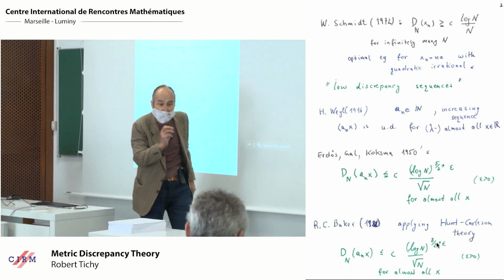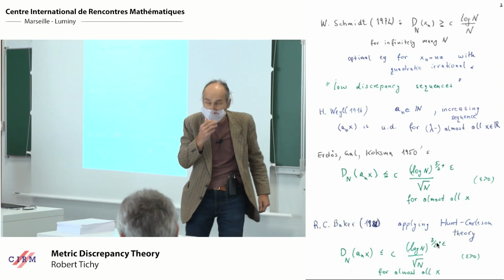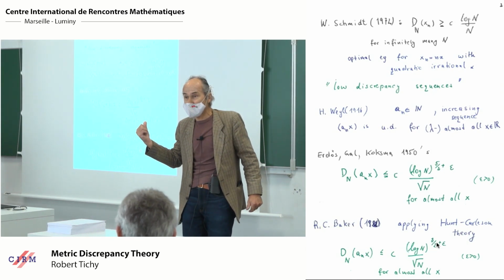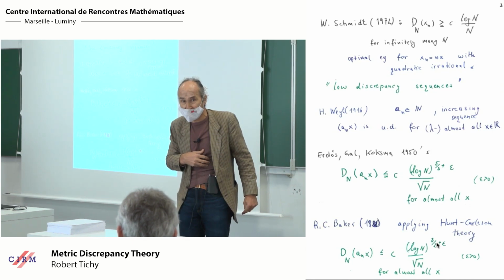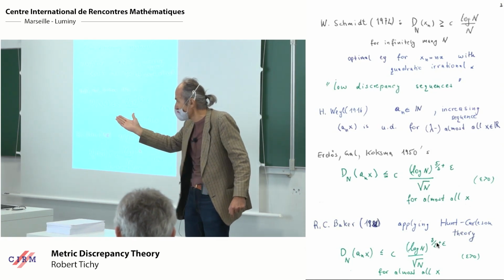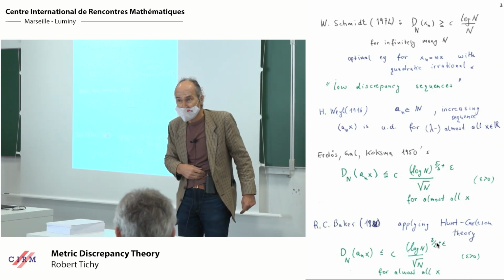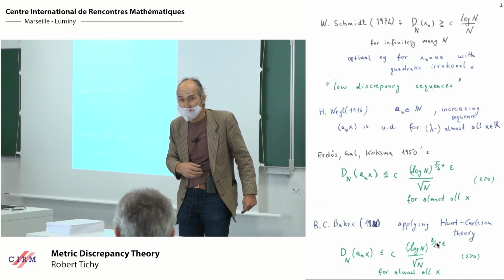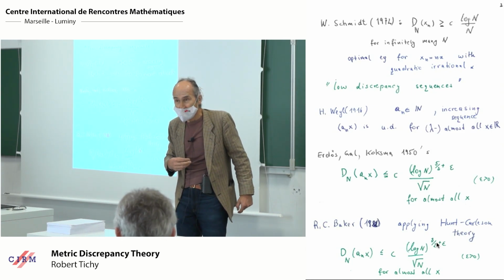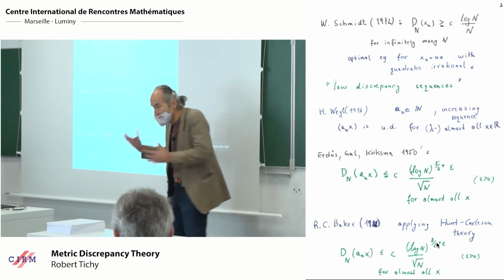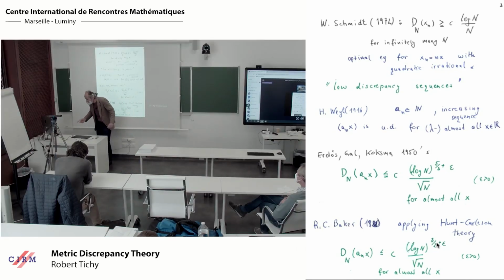It seems a small improvement, but nevertheless, it was necessary to apply the Hunt–Carleson theory from Fourier analysis, which is a deep machinery which was not available in the 50s because Carleson achieved his famous result on pointwise convergence of Fourier series in the 60s. So, using this machinery, Roger Baker could achieve this very, very beautiful result.